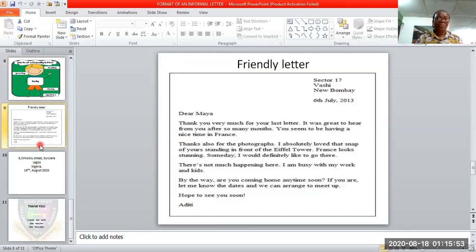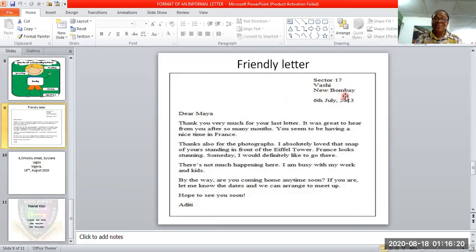So let's read another friendly letter. In this case, you will take your time to study the address. The arrangement of the address is very essential. When you are looking at this letter, you will see section 7, sector 17, Bachi, New Bombay. That is the writer's address.